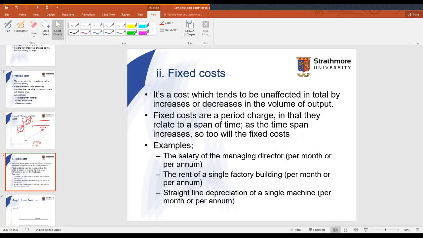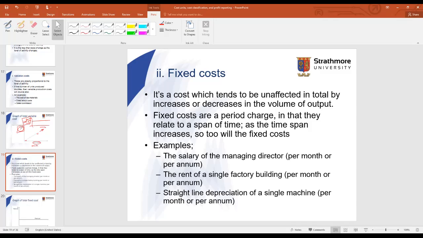The next is what we call the fixed cost. Don't forget, the costs remain fixed, as the name suggests. It remains constant irrespective of the level of the activity that you're producing, or the number of units that we shall be selling. The salary that you pay to the permanent employees doesn't matter how much you produce.